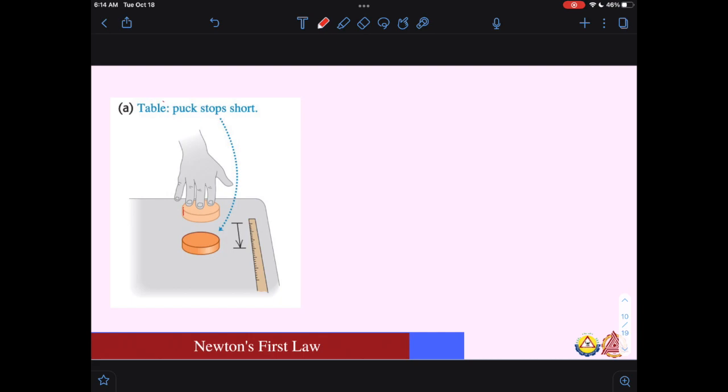Somehow the table has a big friction, because the surface is rough. Now you will notice the distance covered upon applying a force is also smaller.